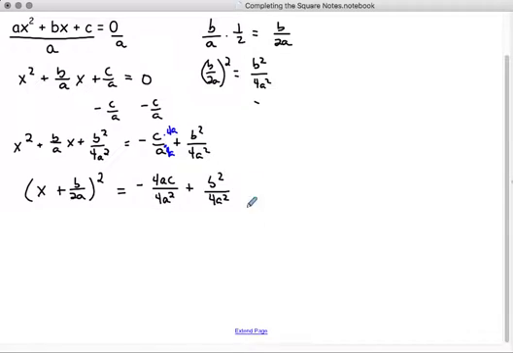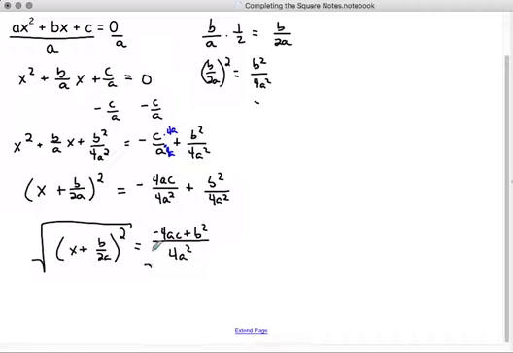Noticing they're both over 4a squared, I'll rewrite that as negative 4ac plus b squared over 4a squared, which is equal to x plus b over 2a, the quantity squared.